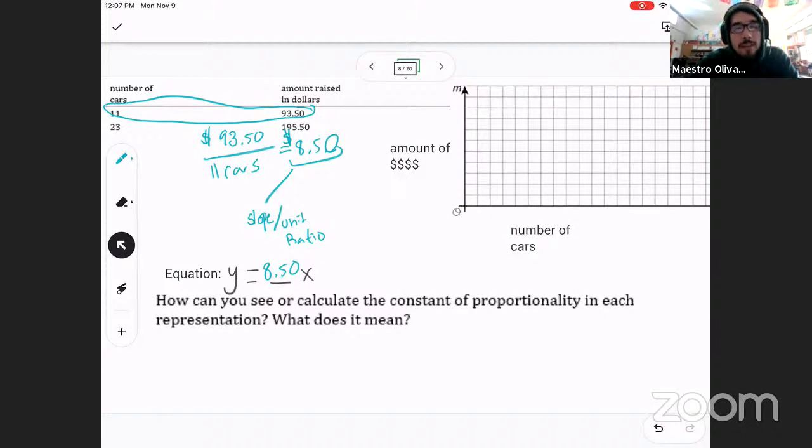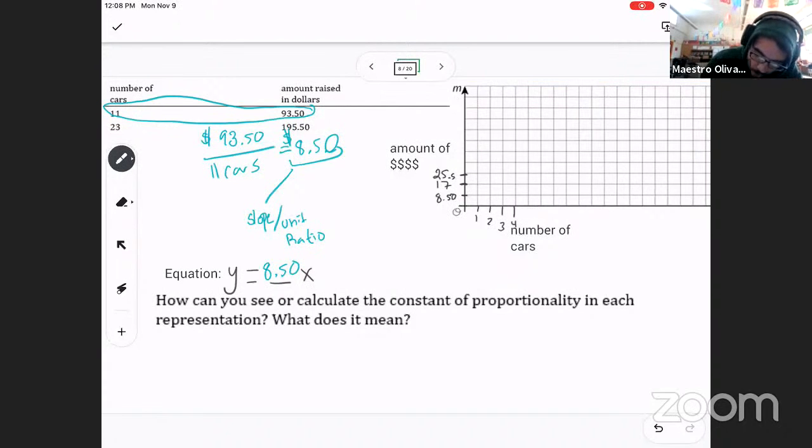And if we try graphing this, number of cars, 1, 2, 3, 4. Each car is $8.50. This is 8.50, 17, 25.50, and so on and so on, right? It's the amount of money. One car is $8.50. Two cars is $17.